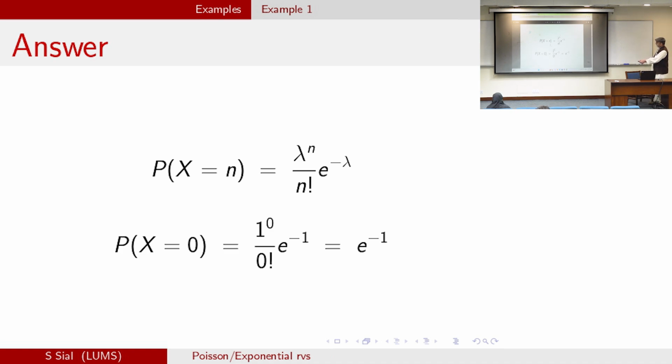The probability that X equals n is lambda to the n over n factorial, e to the negative lambda. So the probability that X is equal to 0 is, lambda was 1 every 5 seconds, 1 to the 0 over 0 factorial, e to the minus 1 every 5 seconds. So that's 1 over e.